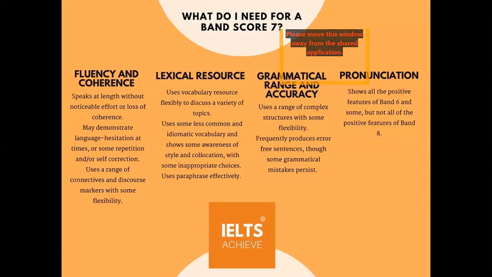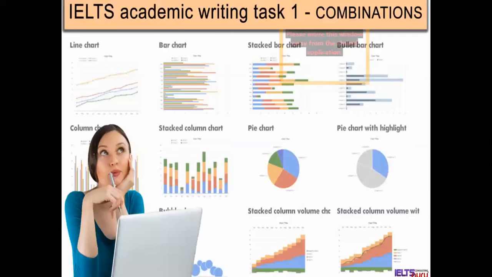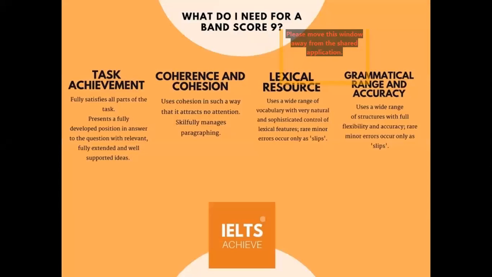These are the four important pillars: fluency and coherence, lexical resource, grammar range and accuracy, and pronunciation. When you go for your writing: task achievement, coherence and cohesion. This coherence part, logical link and logical sequence, is a very vital thing. Then lexical resource, grammar range and accuracy.